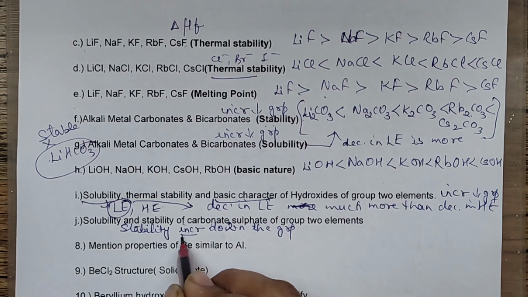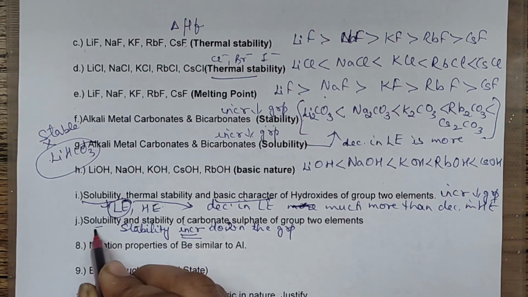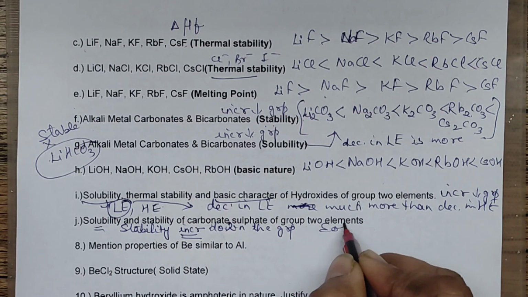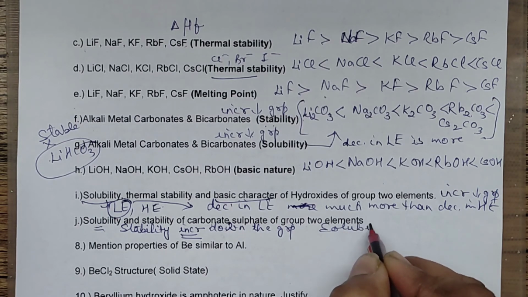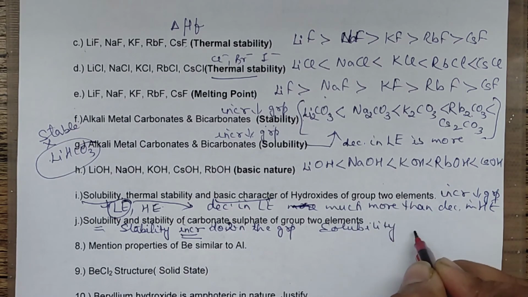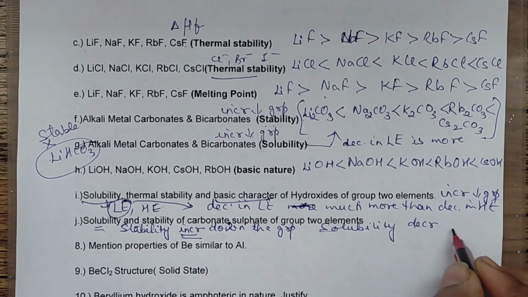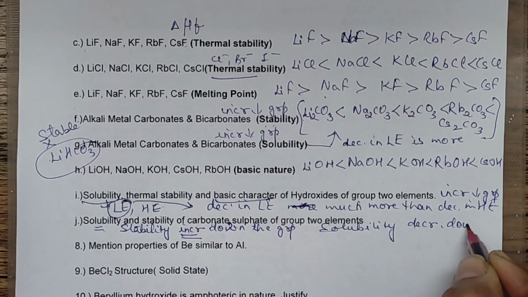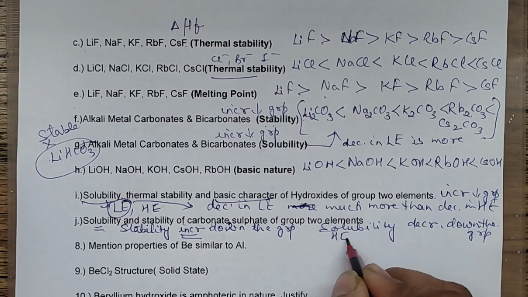Whereas the solubility decreases down the group. Why does this decrease? Because hydration enthalpy decreases down the group, so the solubility will decrease.